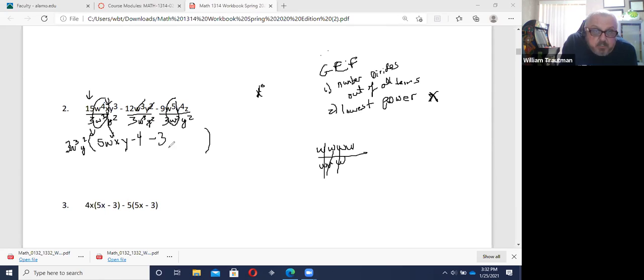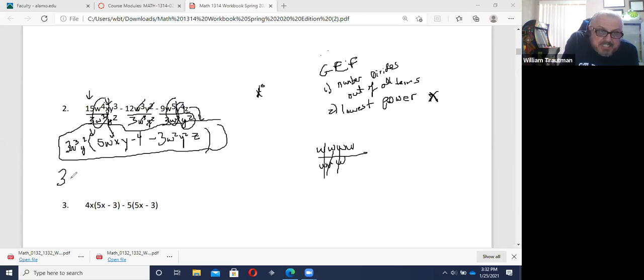W5 divided by W3, and you're left with W to the second power. Y4, Y2, 4 minus 2 is Y squared. And then there's a Z left over that doesn't cancel out with anything. So this is the answer. I know it's a little bit messy, but that is the answer.